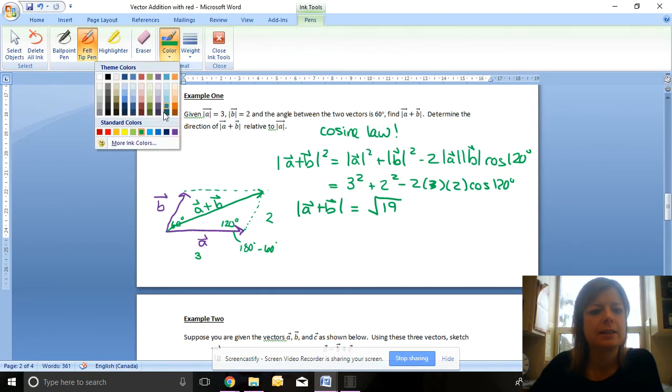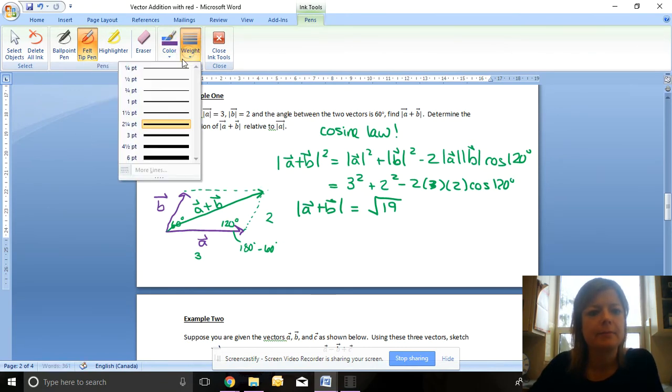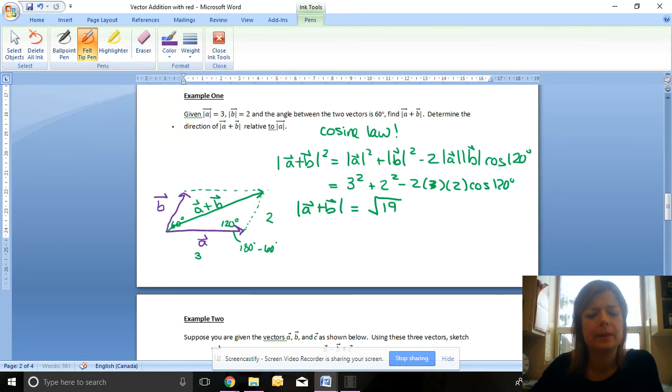Now it wants us to determine the direction of A plus B relative to A. To do that, we want to find this angle here, theta. For that, we can use the sine law. So sine of theta over its opposite, 2, equals sine of 120 degrees over root 19.